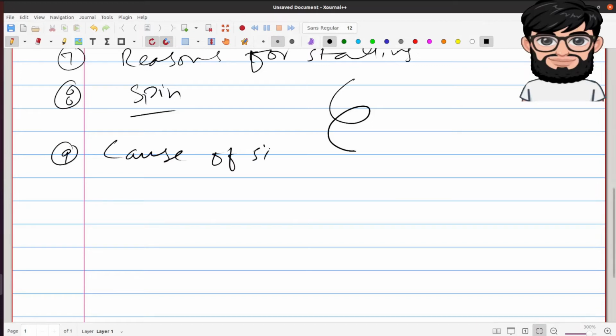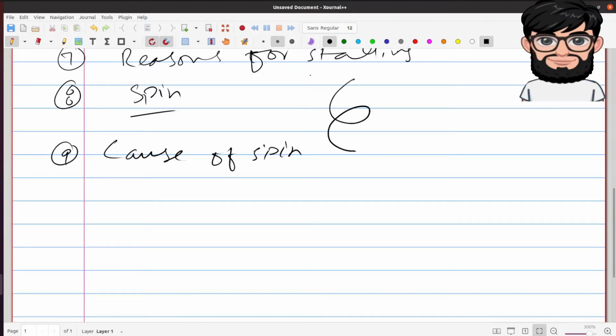What is the cause of a spin? Again, the primary cause of a spin which you didn't expect, also known as an inadvertent spin, is exceeding the critical angle of attack. Remember last time we said stalling was exceeding the angle of attack.